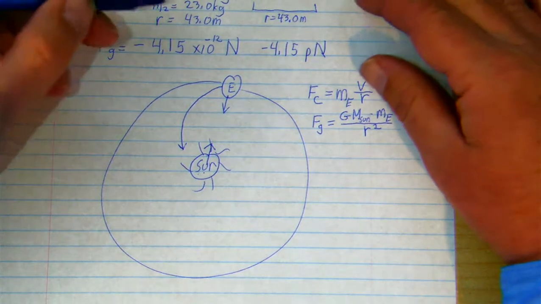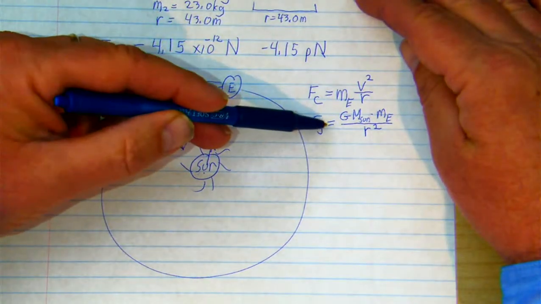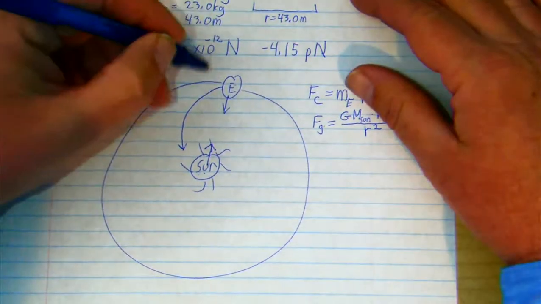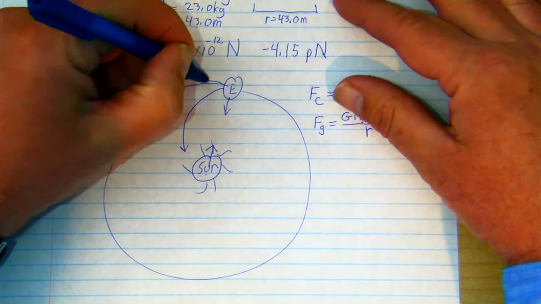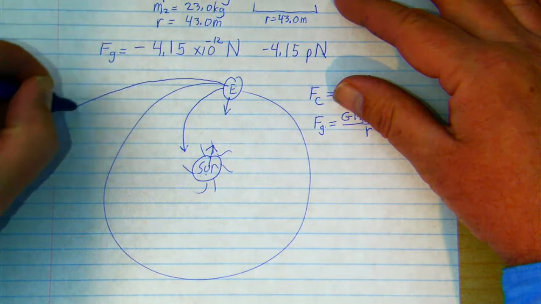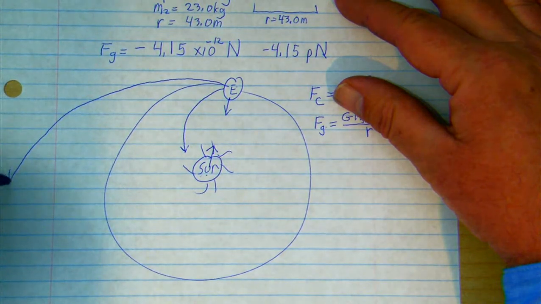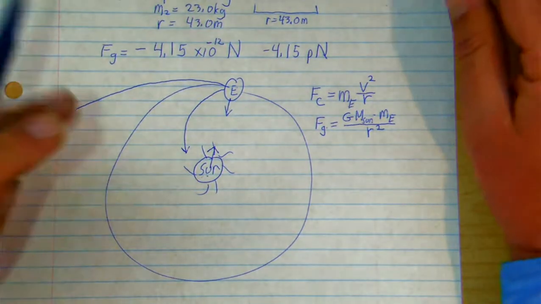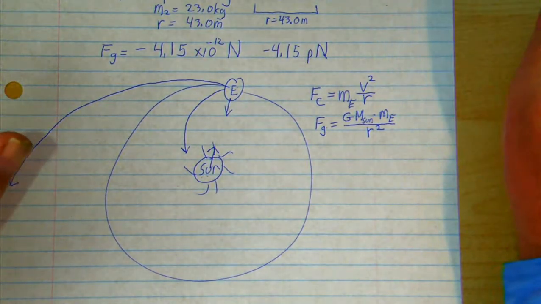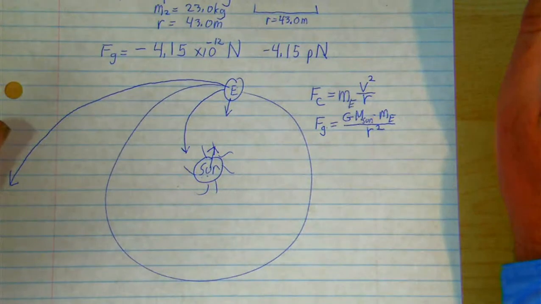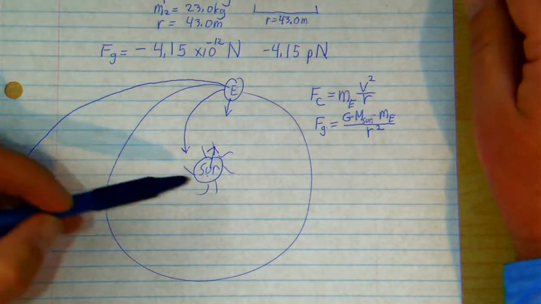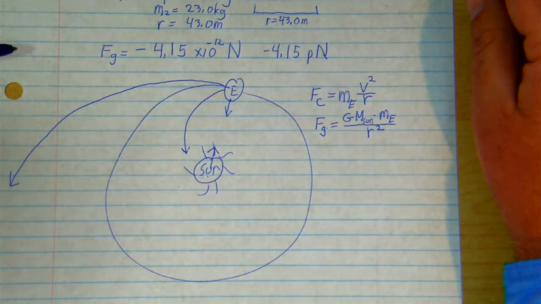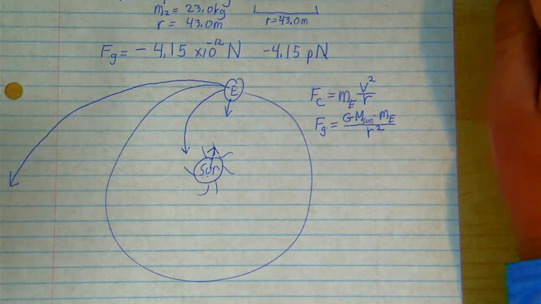Okay, so if the force of gravity were less than what's needed to keep the Earth in its orbit, the Earth would essentially spiral farther and farther away from the sun. It wouldn't go flying off on a tangent unless the sun were completely shut off. And we're not doing that in this situation. We're just saying it's not strong enough to keep the Earth in this orbit around the sun. So then the Earth would go away.